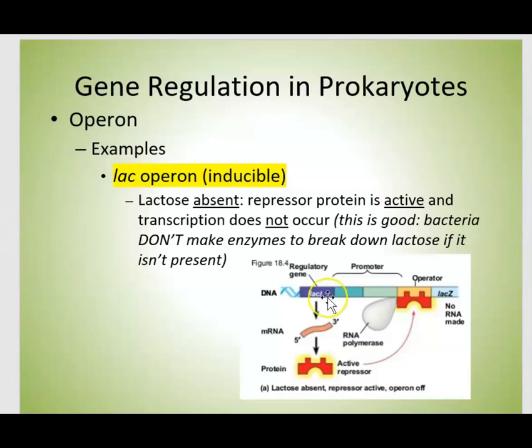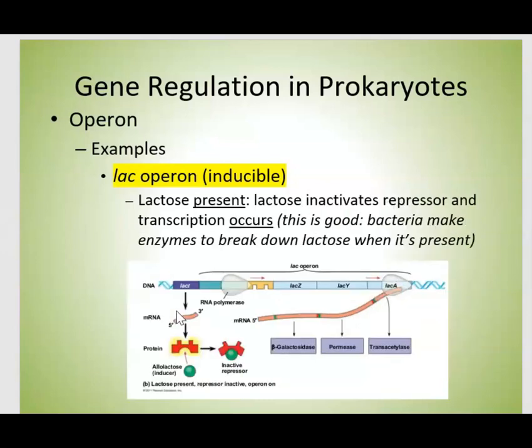All right, so this is an inducible operon. If lactose is absent, the repressor is going to be active to block transcription, because we don't want to make enzymes to break down lactose if we don't have any lactose. That would be counterproductive. If lactose is present, that's going to inactivate the repressor.